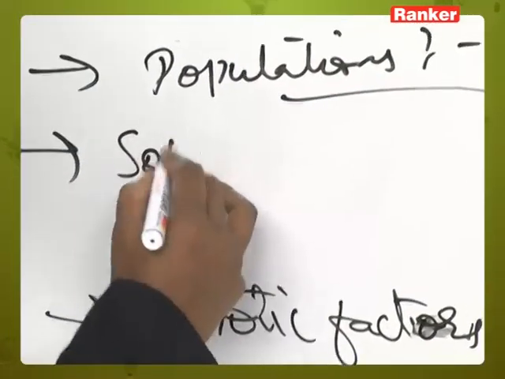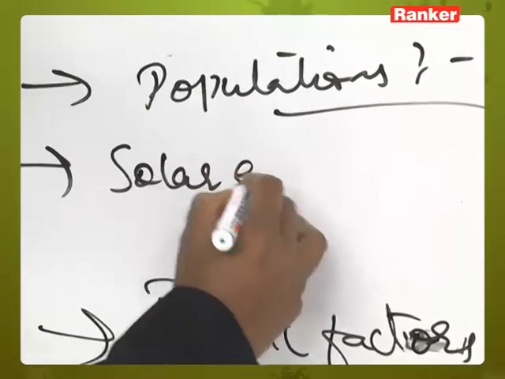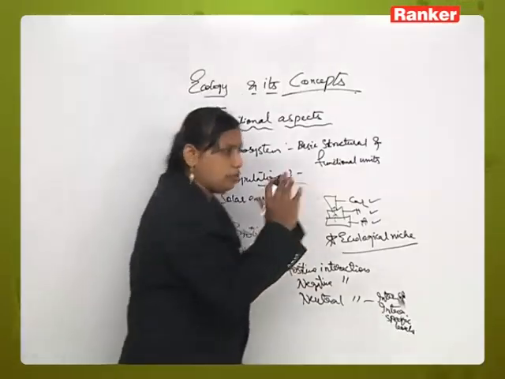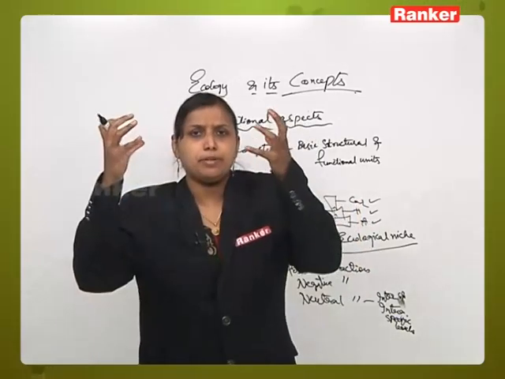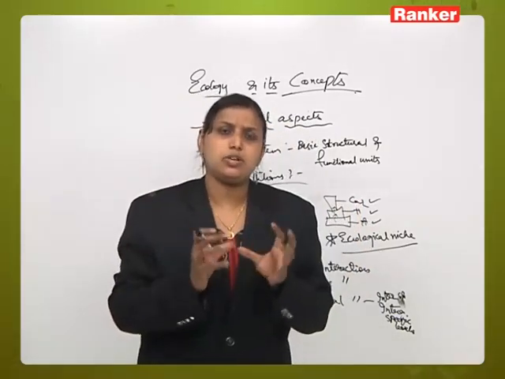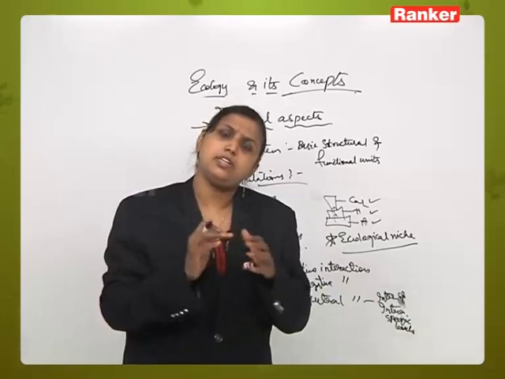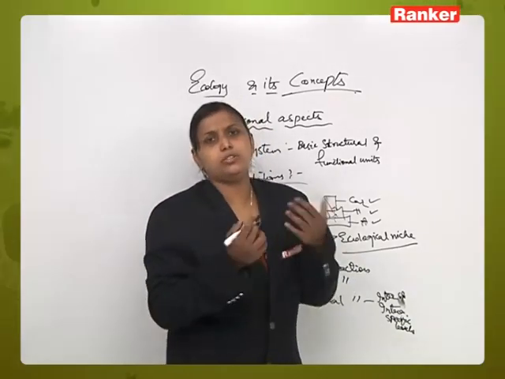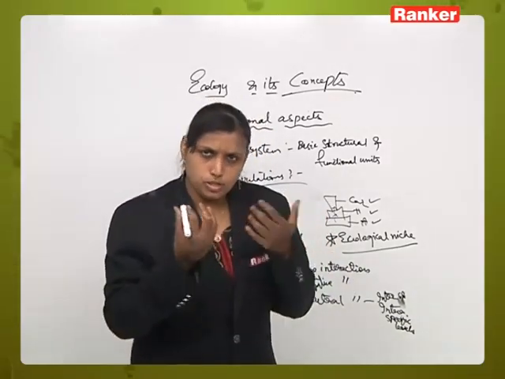Next, one more thing: the source of energy is solar energy here. The energy trapped from the sun is converted into chemical potential energy and utilized for the preparation of food material.